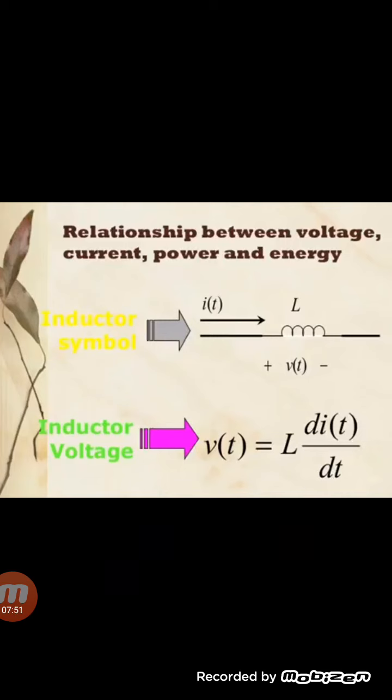If we want to show an inductor in any circuit, then we use this type of symbol, and we can easily say this is an inductor. So a current passes through this inductor in the form of i(t), and a positive and negative potential is established over here.